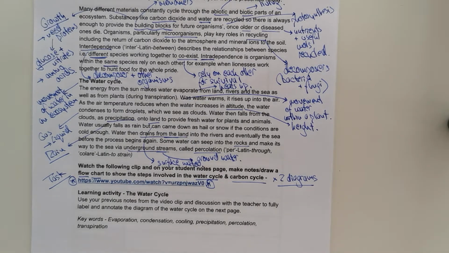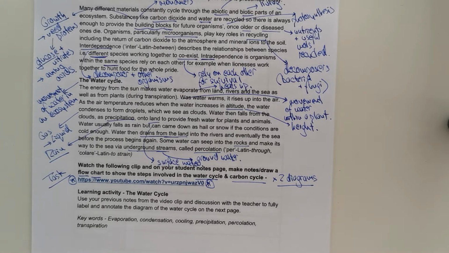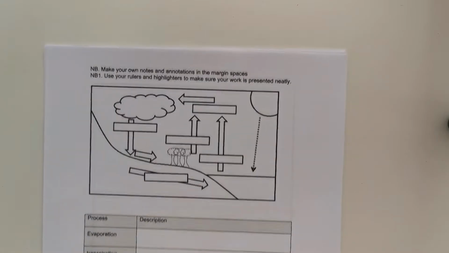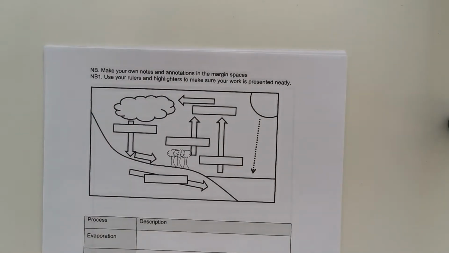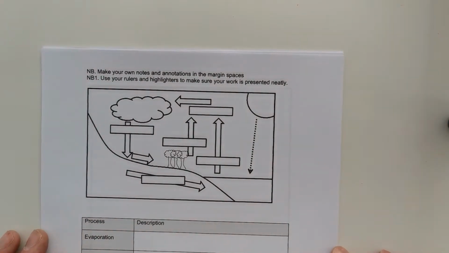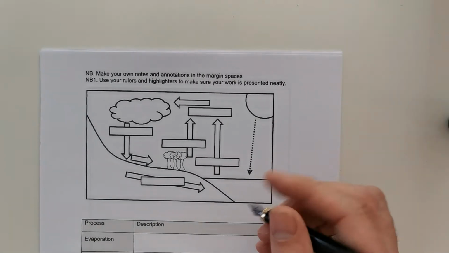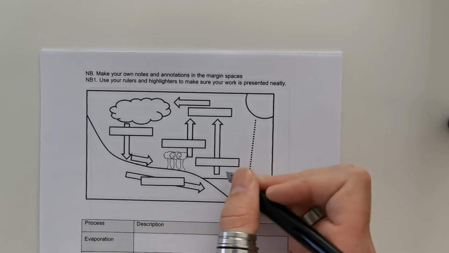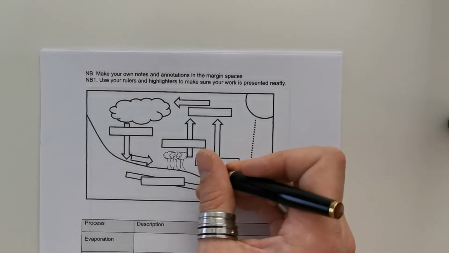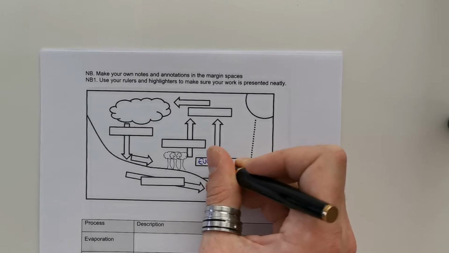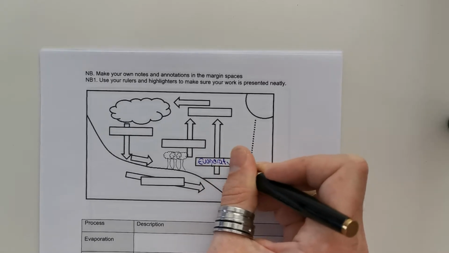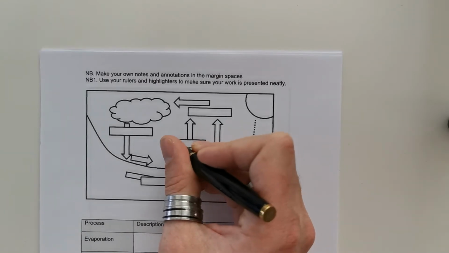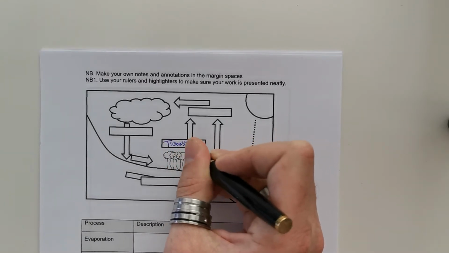Now, if we move on, we can have a little look at the next steps, which is our diagram. So, got a nice little diagram that just helps us to summarize some of these steps. So, as we've said already, water is removed from lakes, rivers, streams by getting heated, and that heat turns the water into vapor, and that is through evaporation and out of a plant.